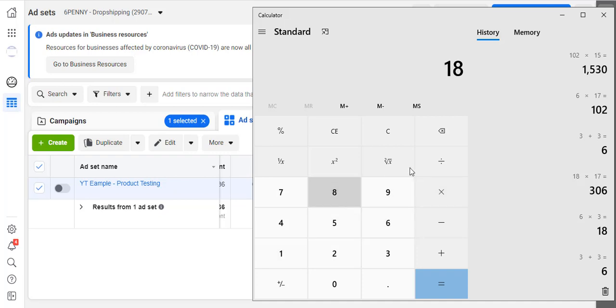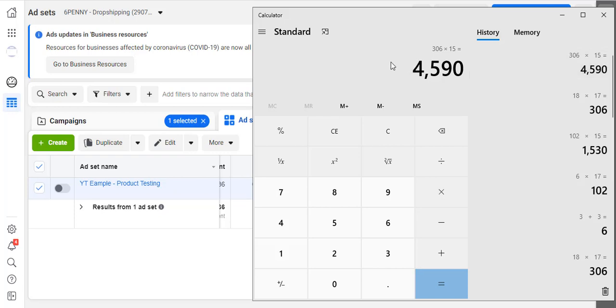We said one product on my store cost $18. We multiplied that by 17 to make it South African rands. That's 306. And we then multiply this by the number of people who bought. That's 4,590.